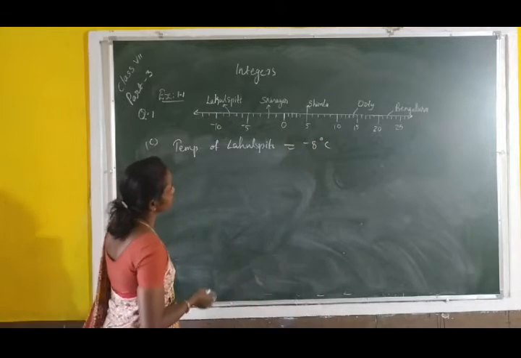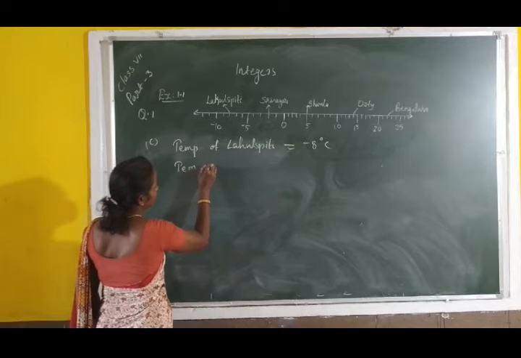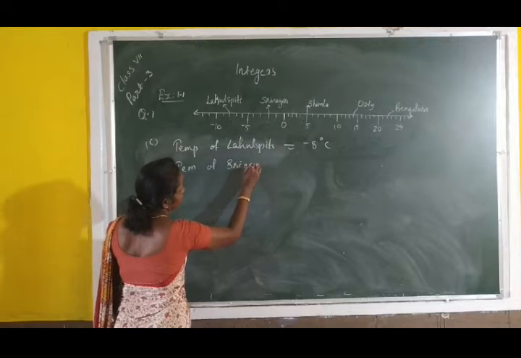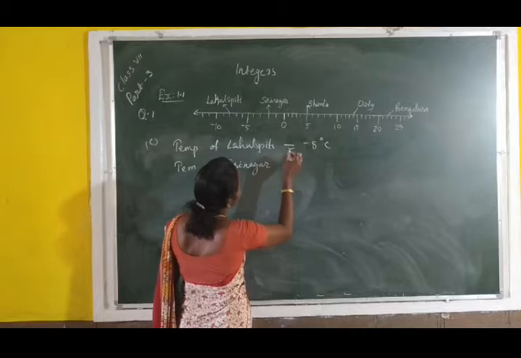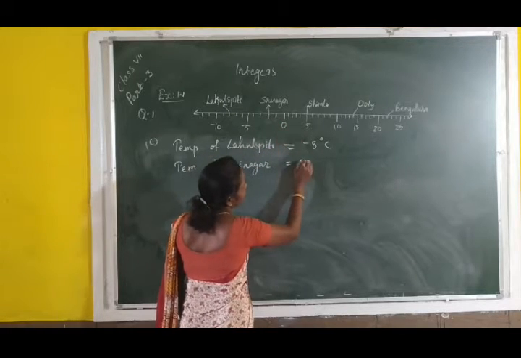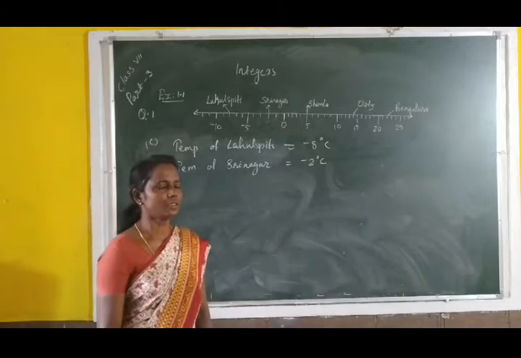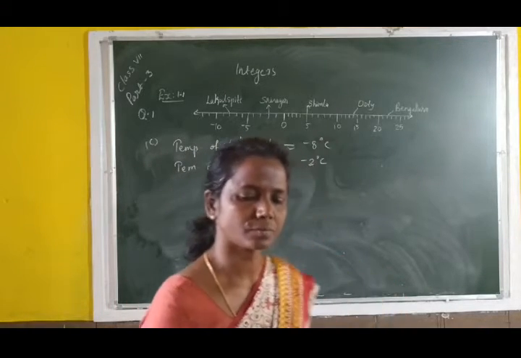And the next, temperature of Srinagar. How many degrees? Negative 2 degree Celsius. Then the temperature difference between Lehuspadi and Srinagar.